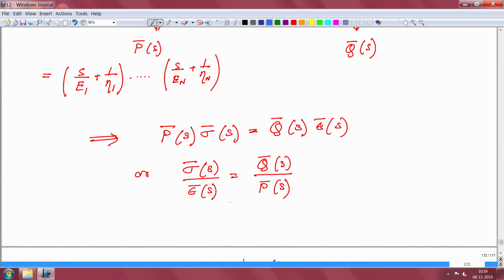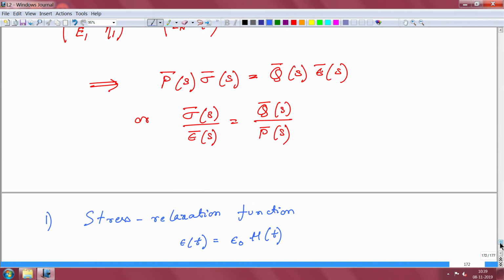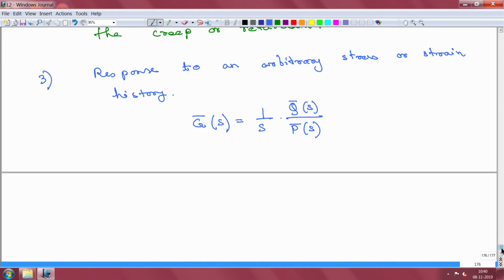So, if you combine these two equations, the one which relates the ratio of the Laplacian of the stress and the strain to the different polynomials, then as in the previous case you can write that sigma bar s is equal to s times g bar of s epsilon bar s.